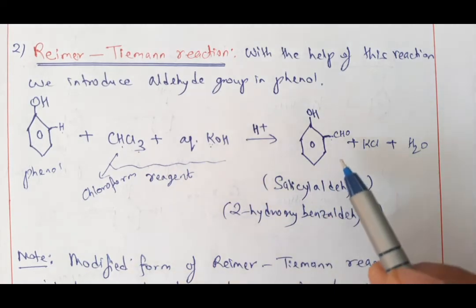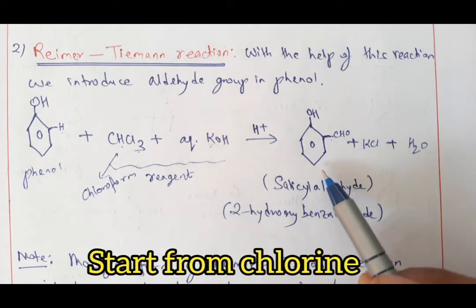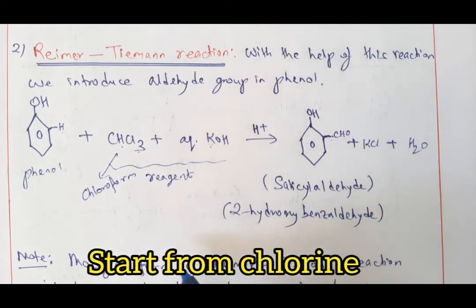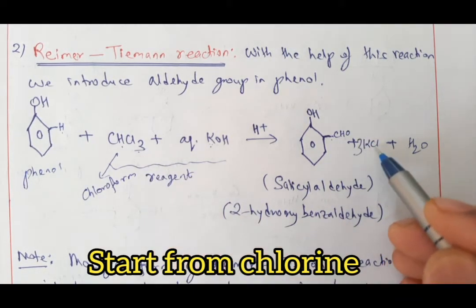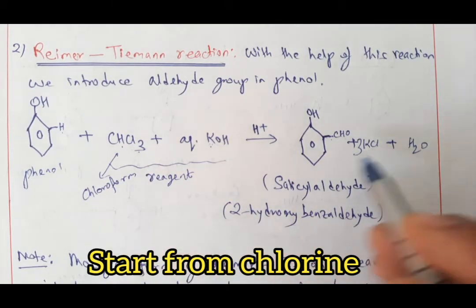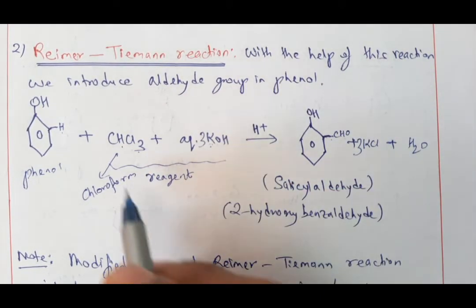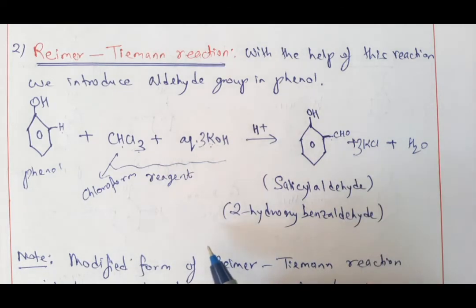Now we have to balance this equation. So let us balance it. When you balance the Reimer-Tiemann reaction, students, you start from chlorine or halogen. So here are 3 chlorine, so I'll put 3 here. So 3 chlorine balanced, 3 K balanced, 1 C balanced. So I balance potassium, chlorine and carbon. Now let us balance oxygen.